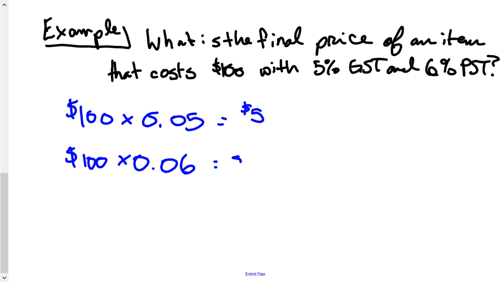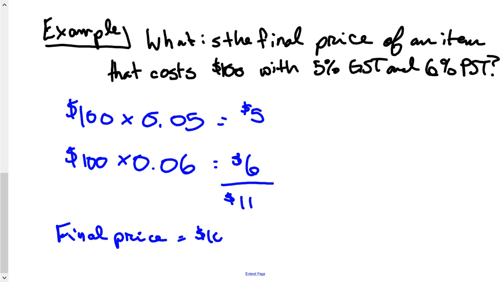Yeah. And this should be $6. So the total tax we pay is $11. So we have to add, final price is equal to $100 plus $11 to give us $111.